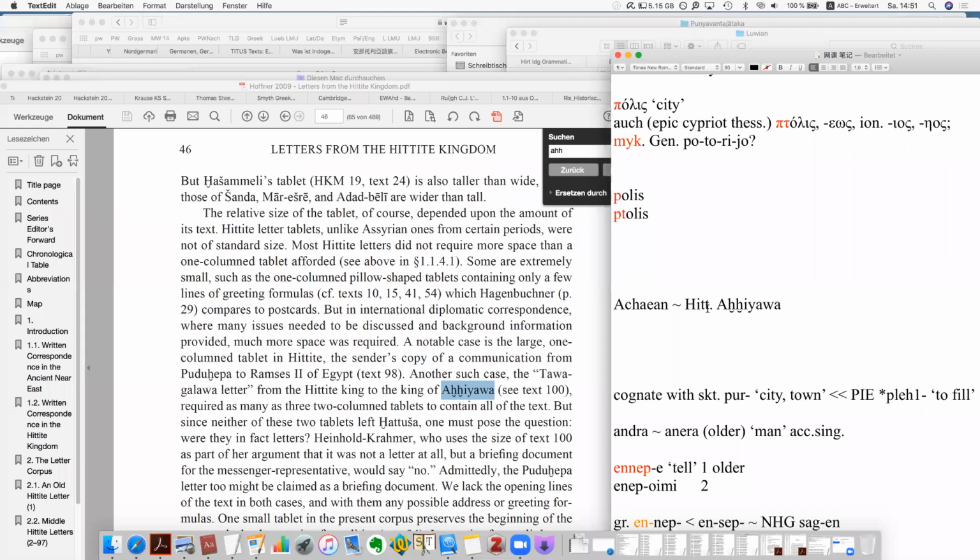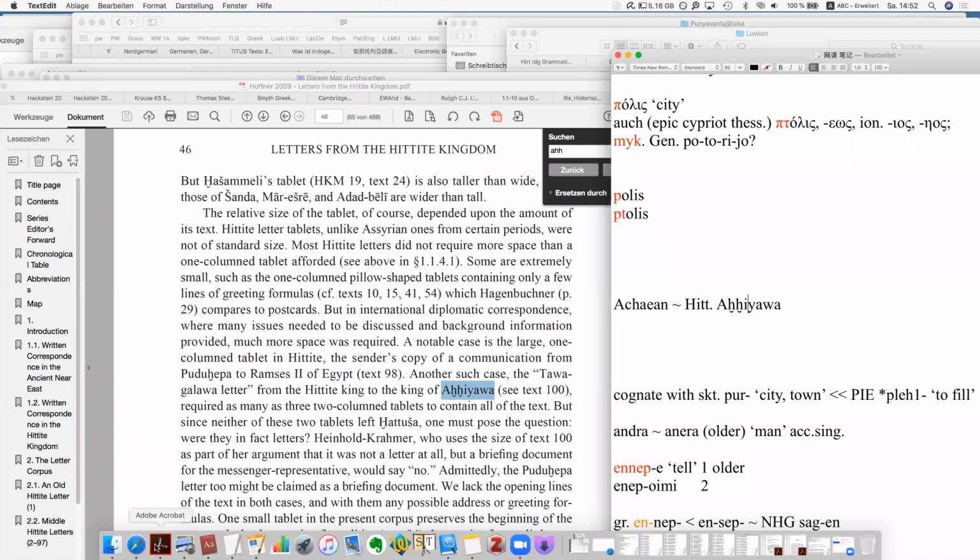So already in ancient times, there was contact between this part of Greece, the Mycenaean part of Greece, and the Hittite kingdom. So this is also a contact between the Hittite kingdom and the Achaeans. And it is also recorded as Ahhiyawa in the Hittite documents.